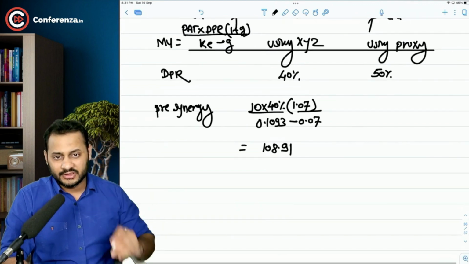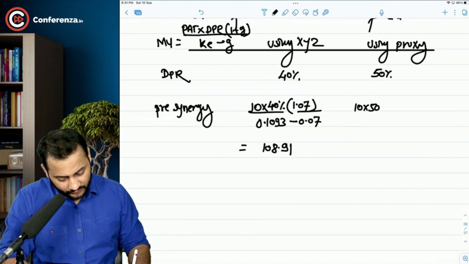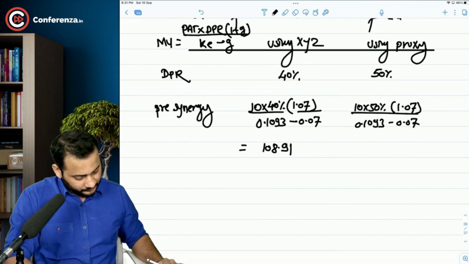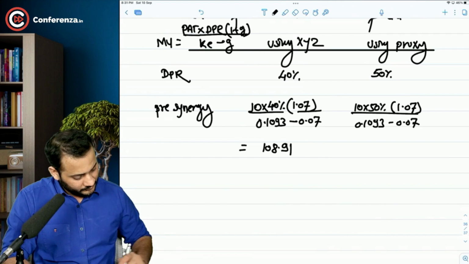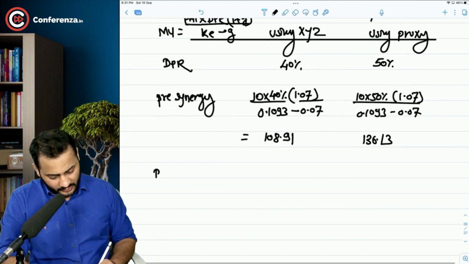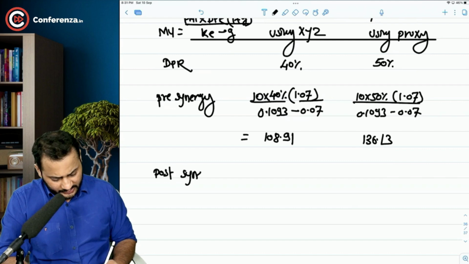If we use the proxy's dividend payout ratio, it will be 10 into 50% into 1.07 divided by 0.1093 minus 0.07. That comes to 136.13. Okay. How to calculate the post synergy value?